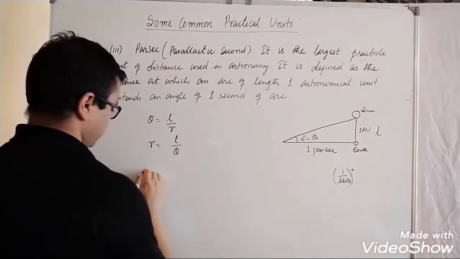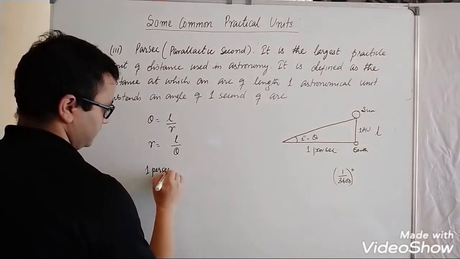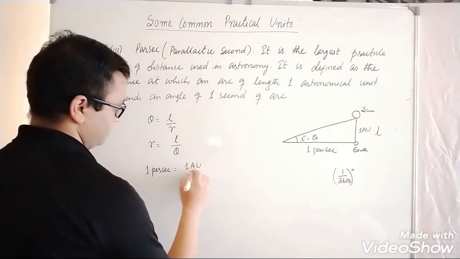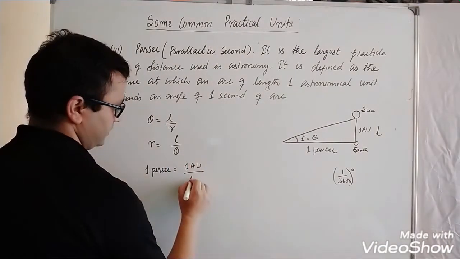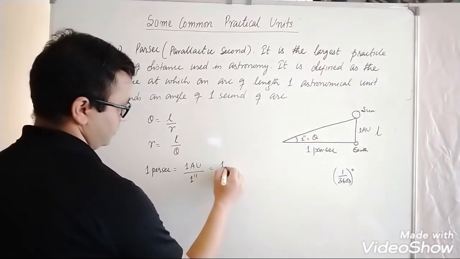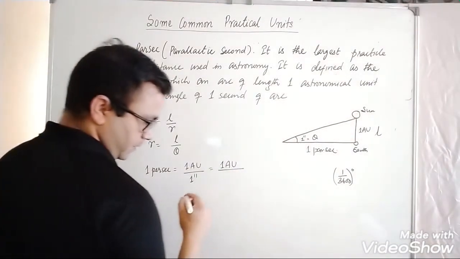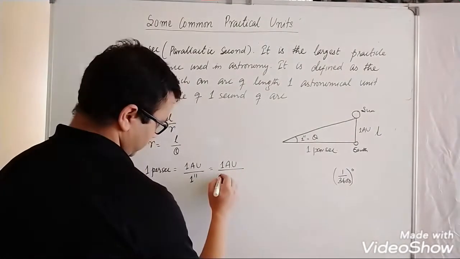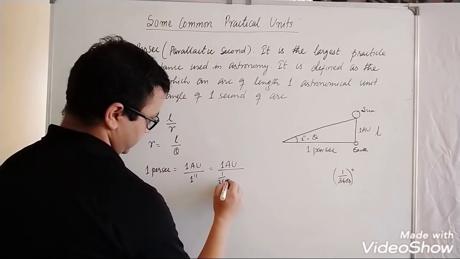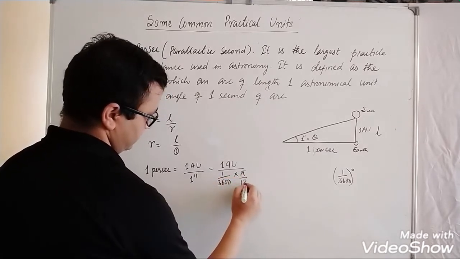So 1 parsec equals to, L is 1 astronomical unit, theta is 1 second. So this equals to 1 astronomical unit divided by, now converted into radian, 1 by 3600 second into pi by 180 radian.